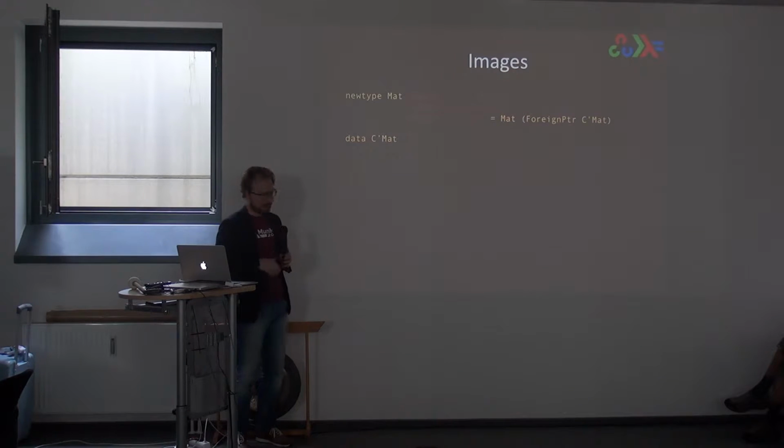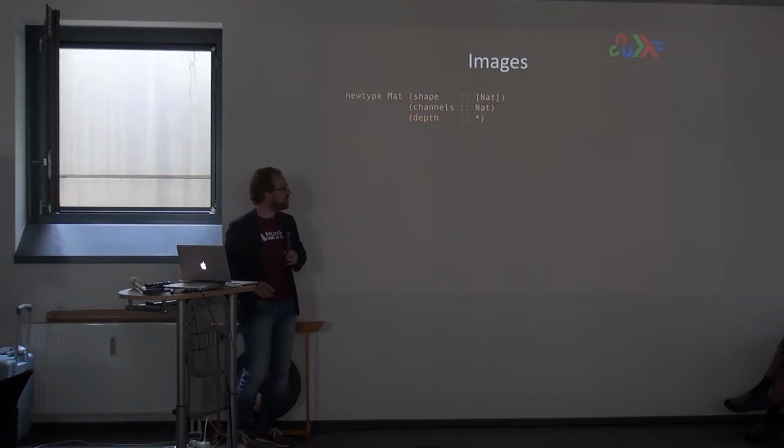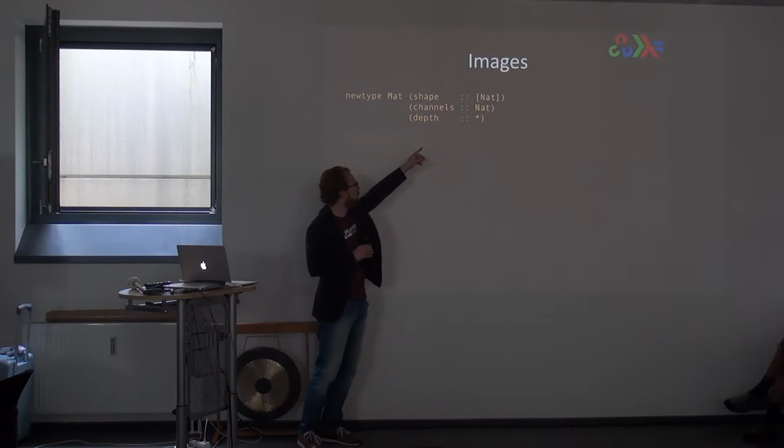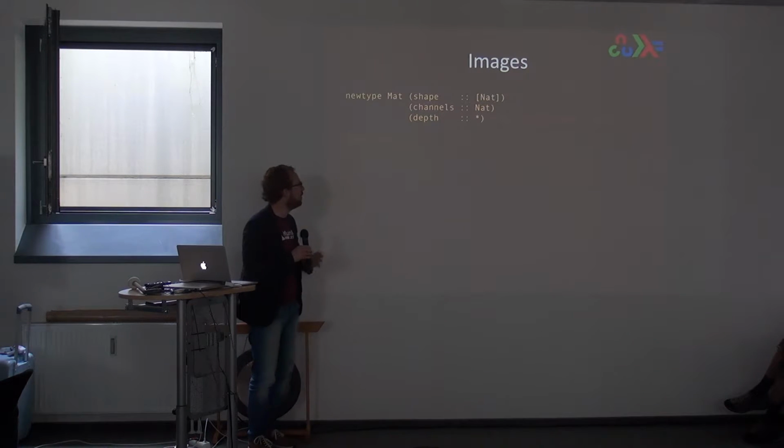So in Haskell, it's just a newtype wrapper to a pointer to the actual C++ matrix. The interesting thing here are these phantom types. And these phantom types statically encode certain information about the matrix, like, for example, its shape. How we represent this is we have a list of natural numbers at the type level.